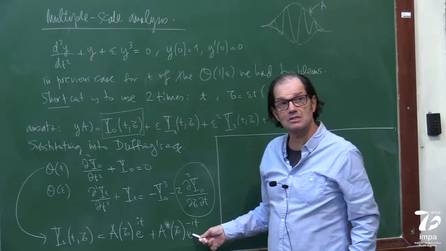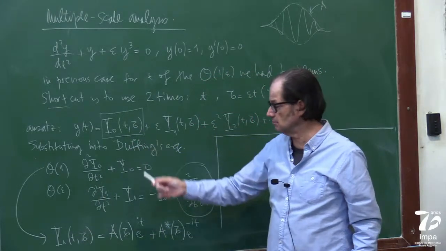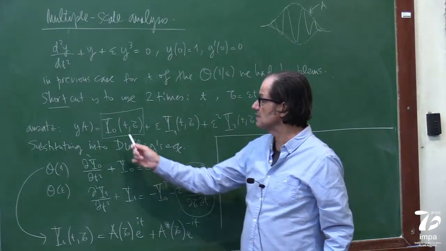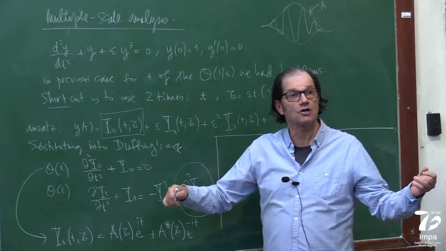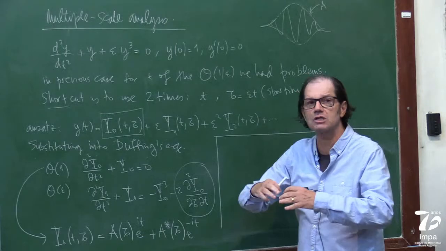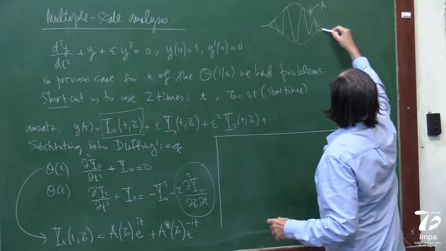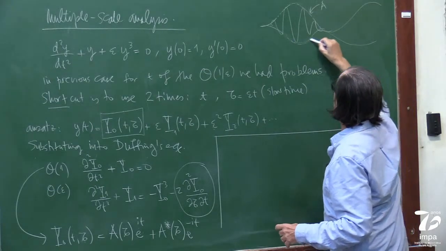So this is interesting. This is saying, look, the first order correction is a sine and a cosine because in time it's like a harmonic oscillator, but in slow time, this harmonic oscillator could be like this, see? I'm not drawing very well, but like this.